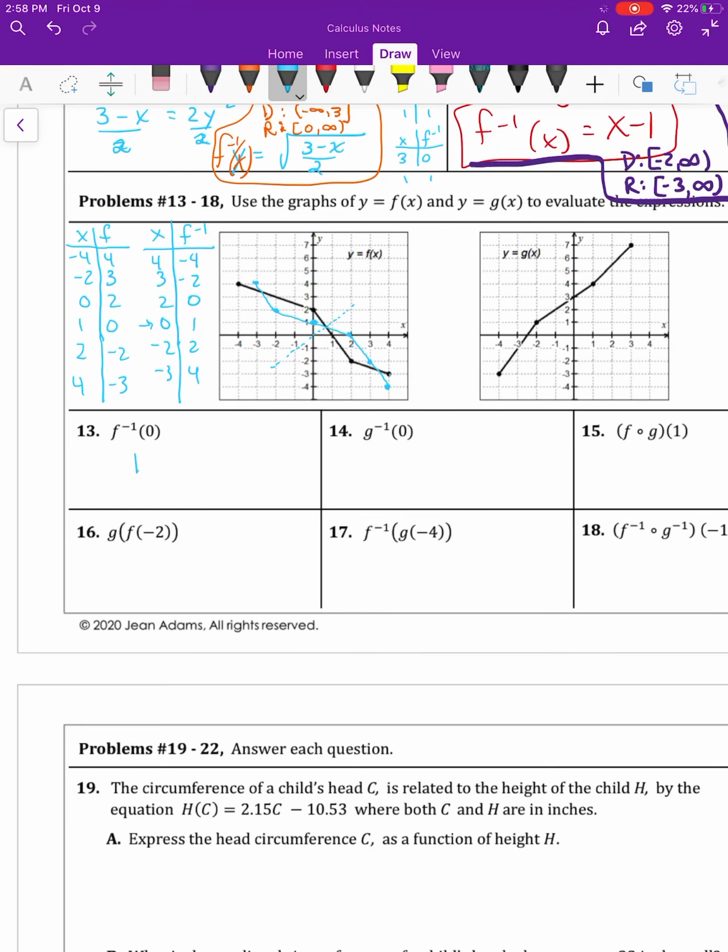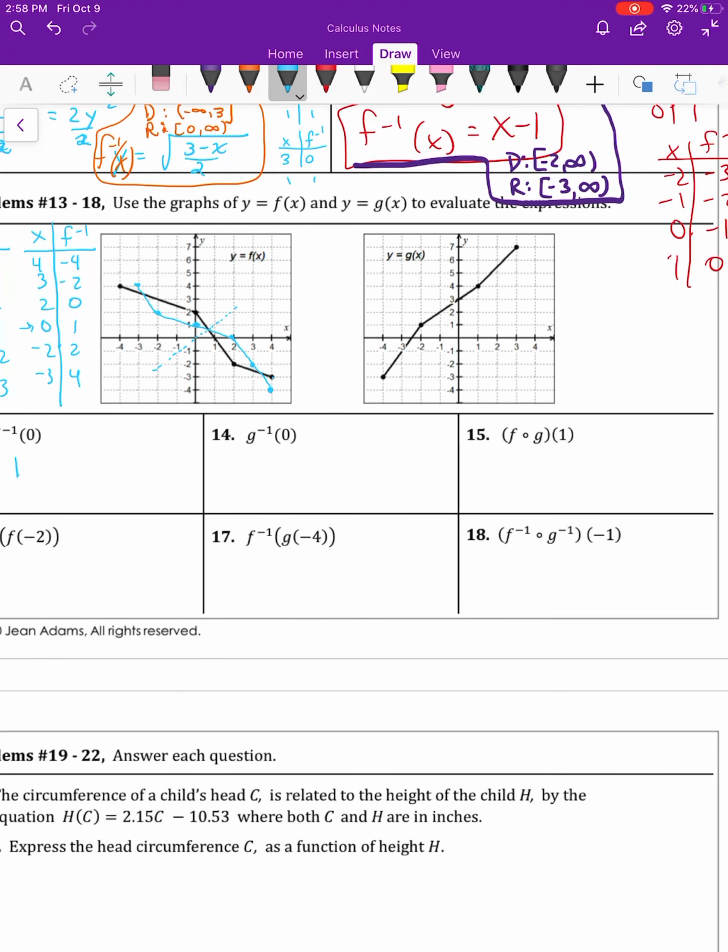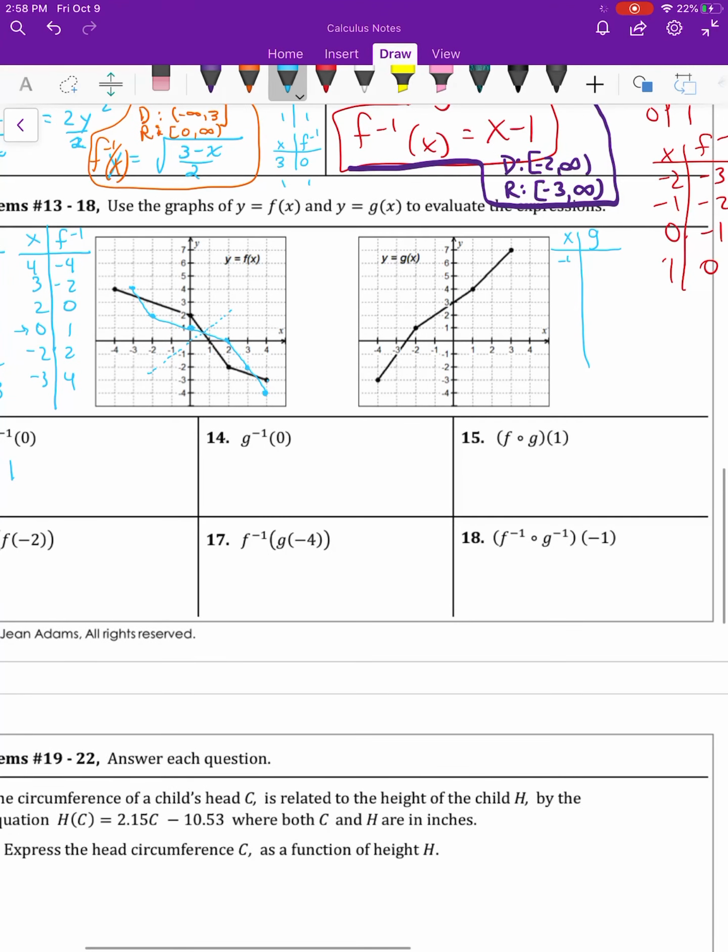And then, oh, now we got to do g. Sorry, I forgot we were going to do g. Here's our x and here's our g. So we have the point negative 4, negative 3. I also see it going through negative 3, negative 1. And then again, negative 2, 1. 0, 3. 1, 4.